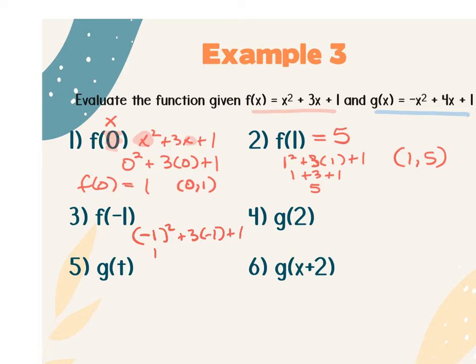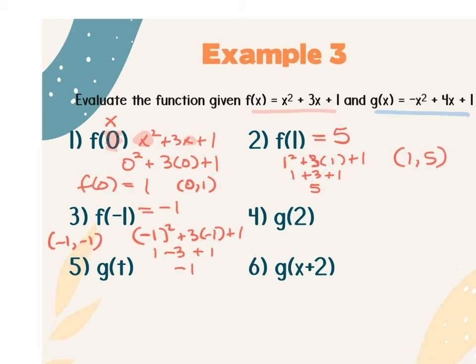And then +3 times -1 is -3. And then now I'll just work left to right. +1 minus 3 is -2 plus 1, -1. So f of -1 is equal to -1. Again, if they want it as an ordered pair, it would be -1, -1.